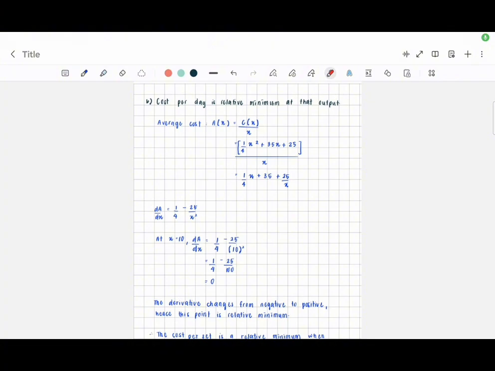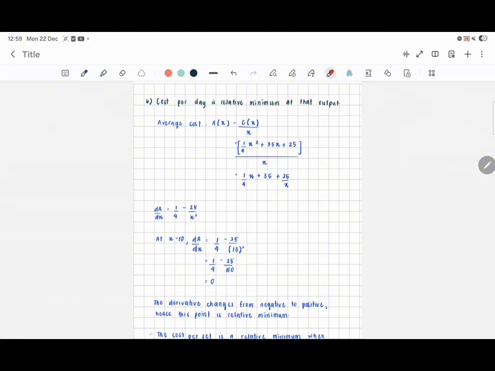B. Showing the cost per set is a relative minimum. Cost per set means average cost, which is cost over x. After that, we substitute the cost function, which is A(x) equals 1 over 4 x squared plus 35x plus 25 over x.